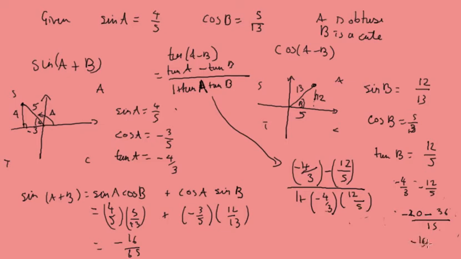minus 16 over 15. And then if we take this bit here, we'll have 1 plus minus 4 times 12, which is minus 48 over 15, and then that will be 15 minus 48 over 15.